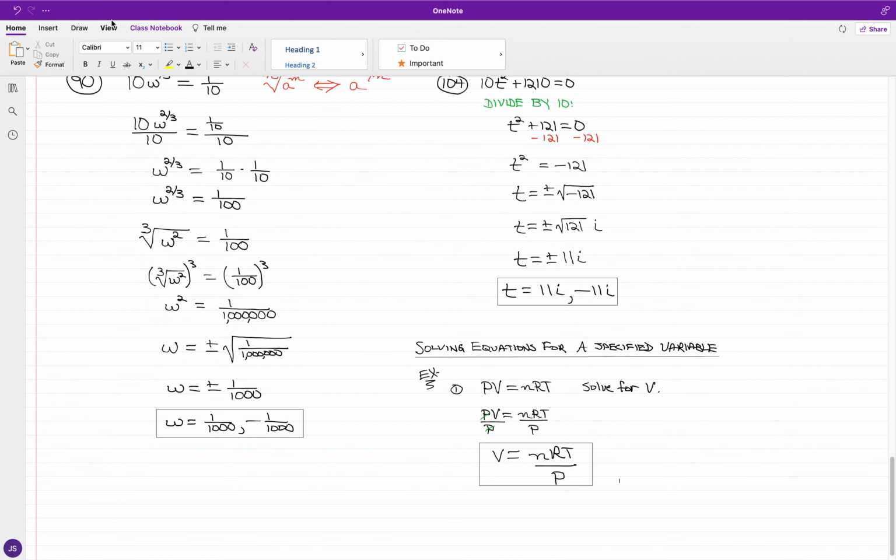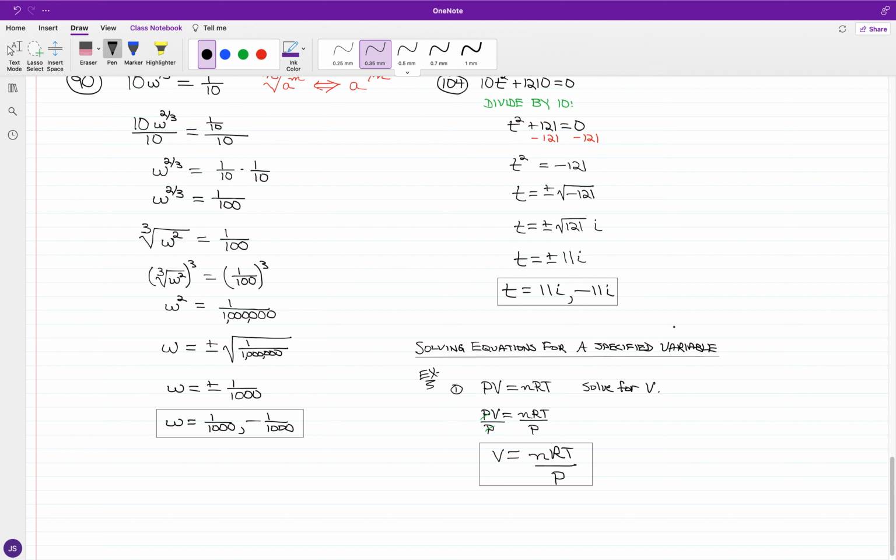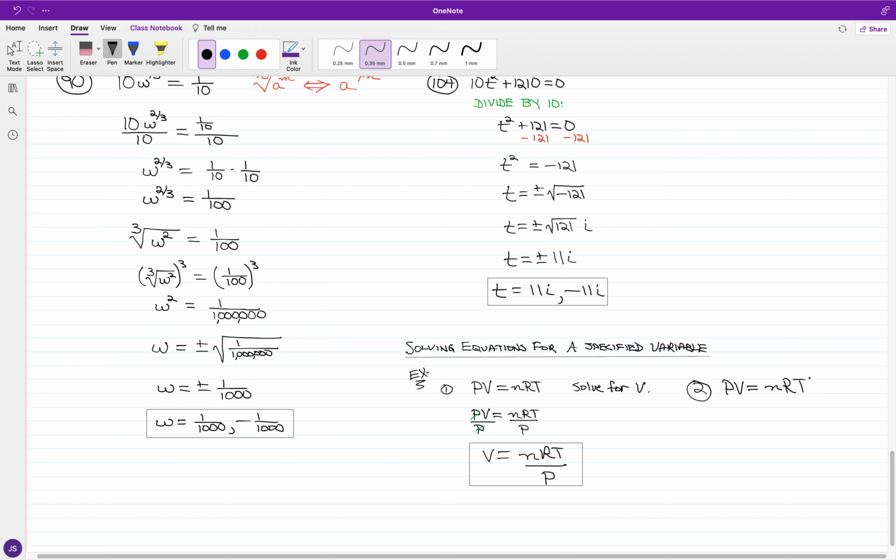And also, if you have, let's say, we'll stick with this same formula, and let's say that you're looking at solving for t.